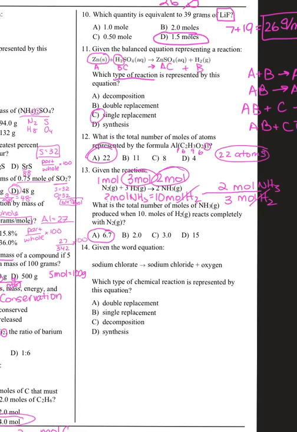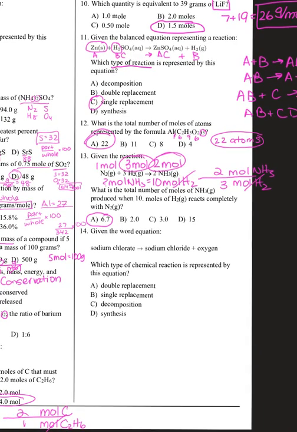Question 14. Given the word equation, what type of chemical reaction is represented by the equation? Okay, so we have to know some things here. We have to know how we can take this equation given to us in words and write it in a chemical equation, and then identify what type of reaction is taking place.